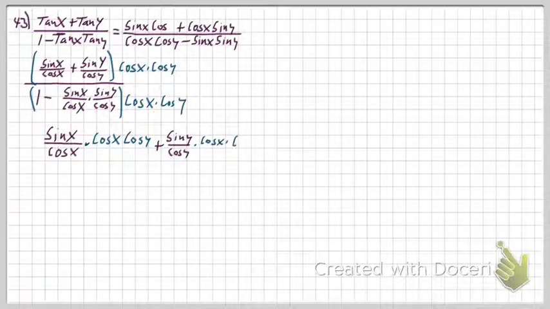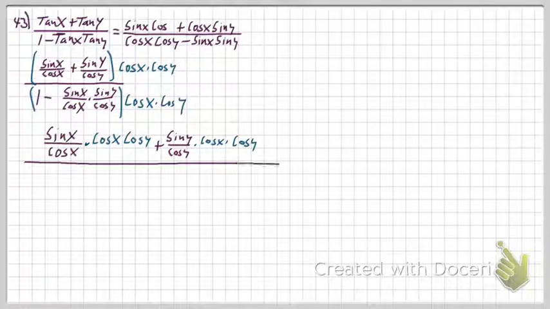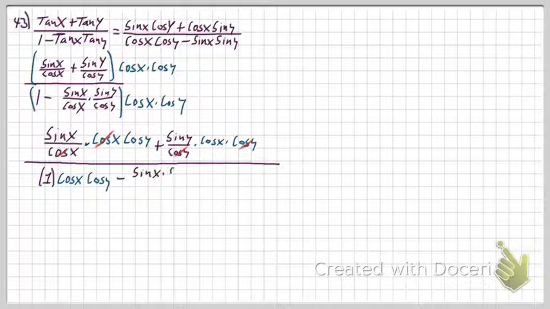And then every term on the bottom gets multiplied through by cosine x, cosine y. And this is why we call the method clear the denominator. And then when I multiply through, that denominator in the lower term gets eliminated.